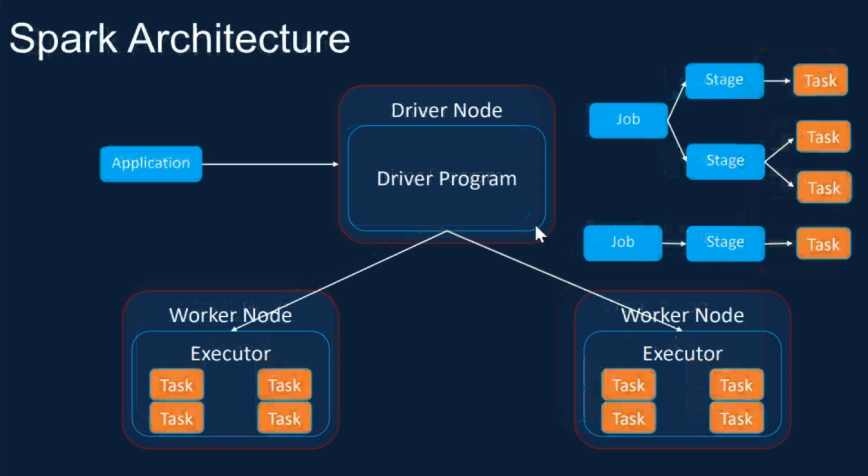So the driver will assign the tasks to the slots present in the executors. These slots are there to perform the operations. After performing the operations, the executor returns the results back to the driver, and the driver returns the results back to the user. So this is how Spark parallelizes the workload.